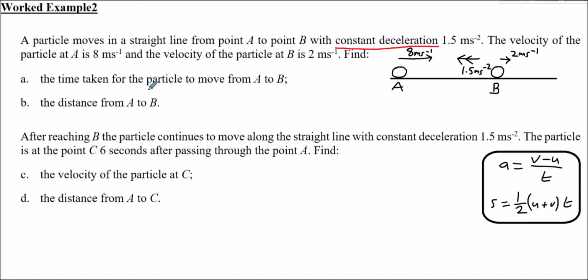So part A, the time taken for the particle to move from A to B. Let's label on what we know. We know the deceleration is 1.5, so we know a. Because the deceleration is acting opposite to the motion, I would always assume the direction of initial motion as the positive direction.